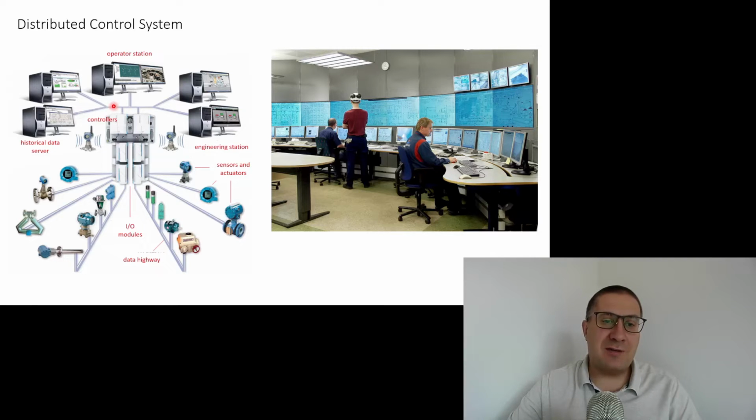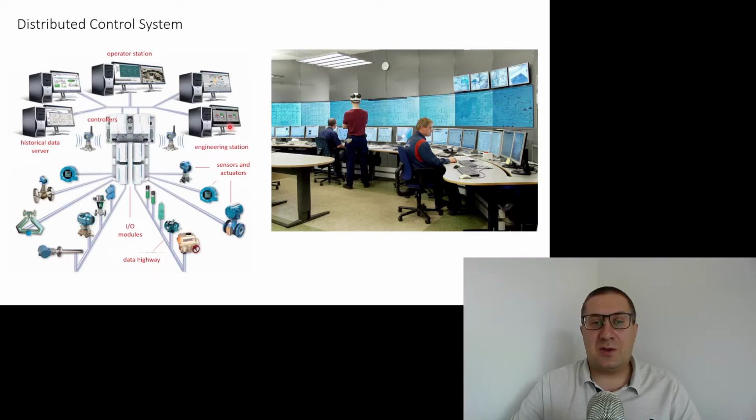We also have engineering stations where we can change those control algorithms. If we are not happy with how the pressure is controlled by the valve, we can change something in this algorithm, make it more aggressive, maybe, add some external information that can be used to improve the operation of this algorithm.